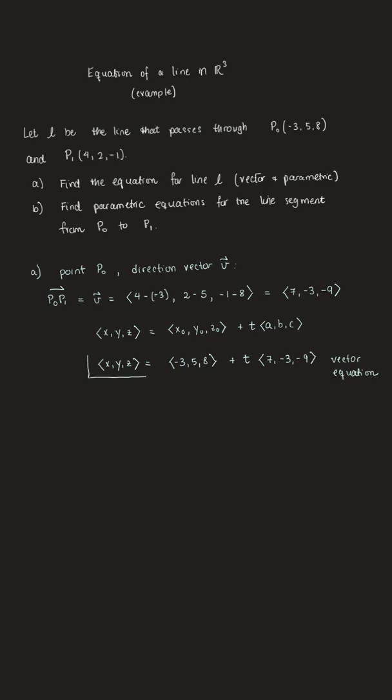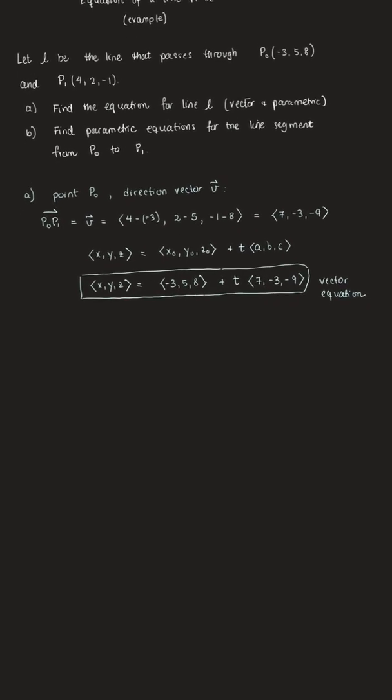Now from this we can find the parametric equations. We'll also need to specify the parameter interval for t. Okay, so our parametric equations will come from each component. So x of t will be negative 3 plus 7t. y of t will be 5 minus 3t.